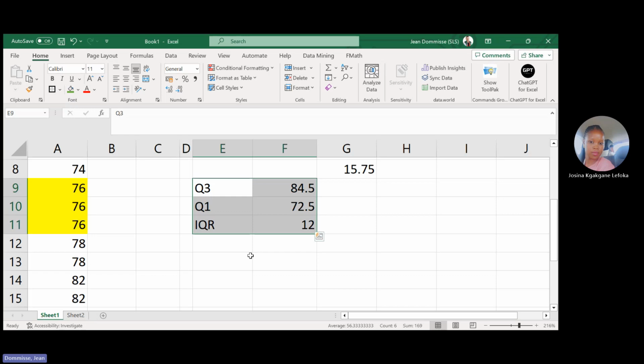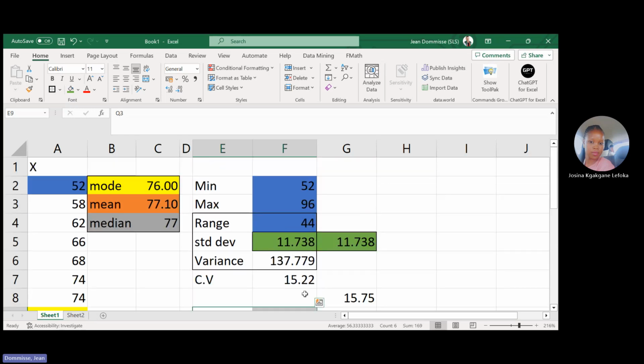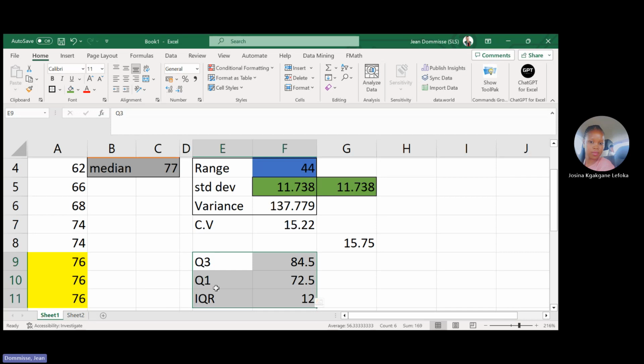So that's why I want us to make sure that depending on how you use that formula for Q3 and Q1, that is where the difference comes in.